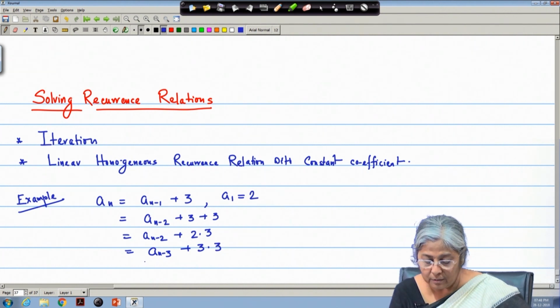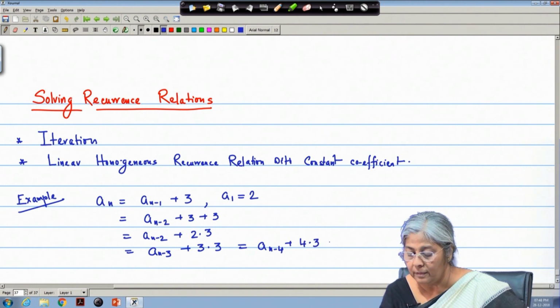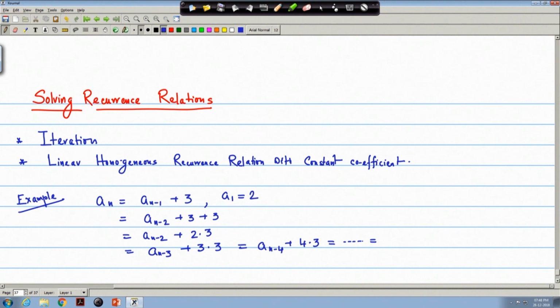In this way, if I continue, I can write a_{n-4} plus 4 into 3, and if I continue, I will be getting a_1 plus 3 into (n minus 1). Now, I know a_1 equal to 2. So, this becomes 2 plus 3 into (n minus 1).